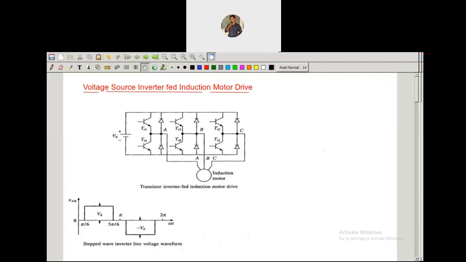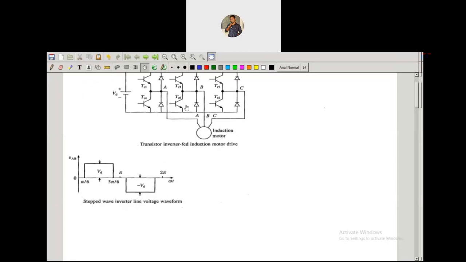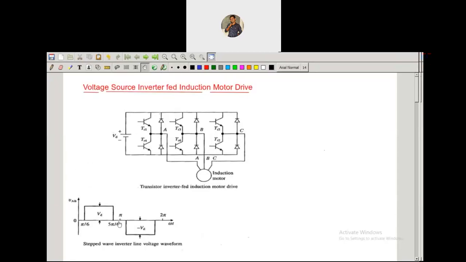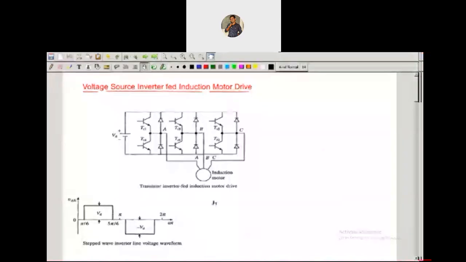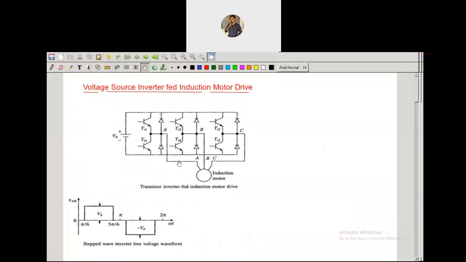Now we can observe here. This is the stepped wave we need to get from this diagram. This is our required waveform. This VAB is the line voltage. I have taken one line voltage diagram instead of taking all the line voltages. So we'll go with this VAB reference and find out the voltage relation between the output of the inverter and the input of the inverter.